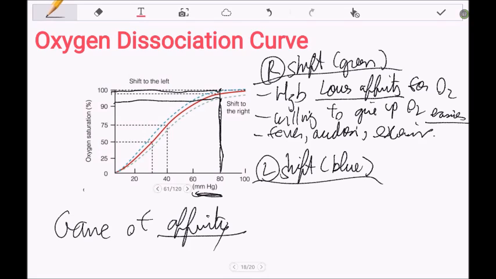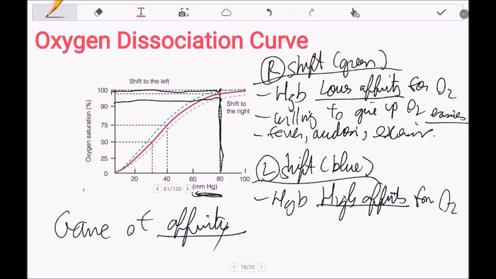Now, a left shift of the oxygen dissociation curve would mean the opposite. It means that hemoglobin has a high affinity for O2. Okay, so what does high affinity mean? Again, it means that the hemoglobin molecule is unwilling to give up O2 easily, right?